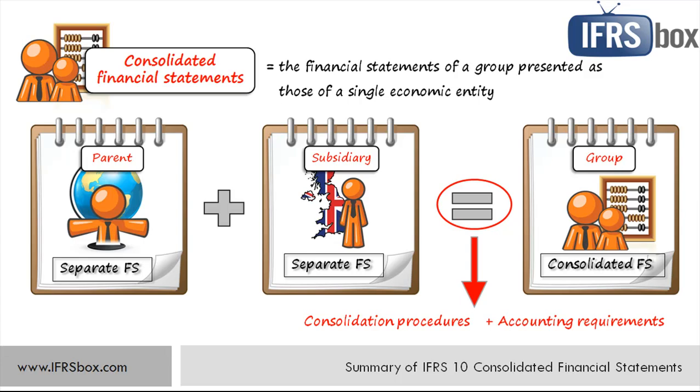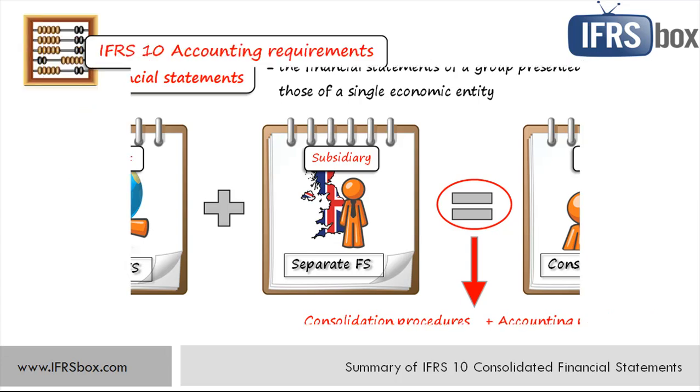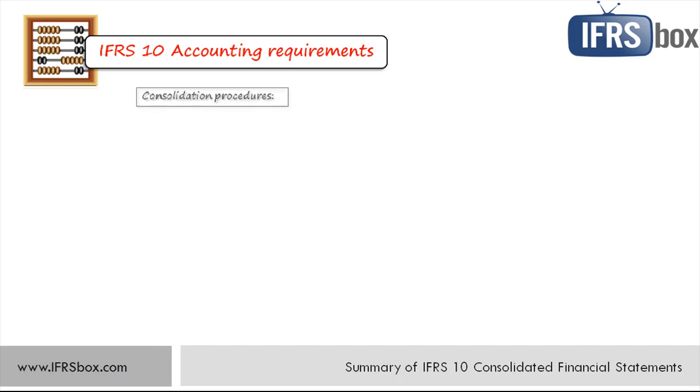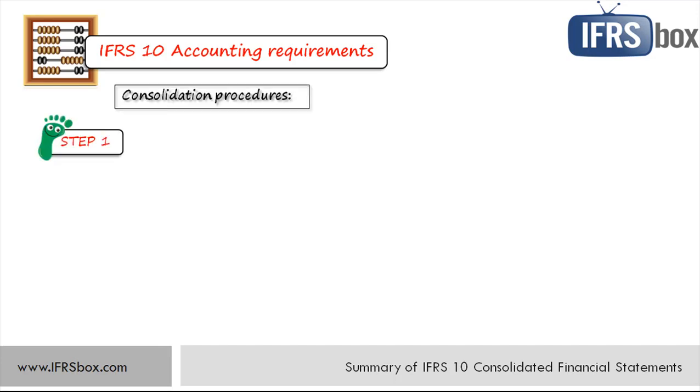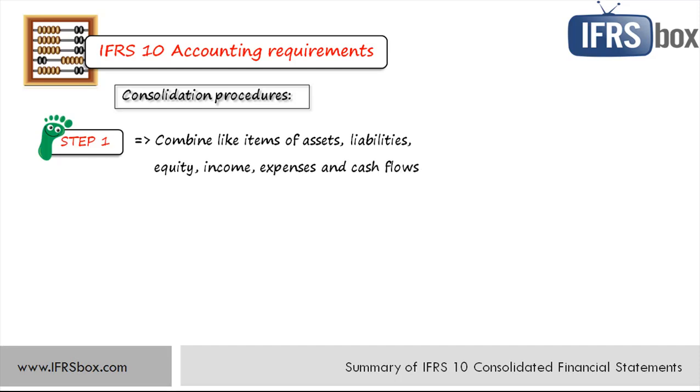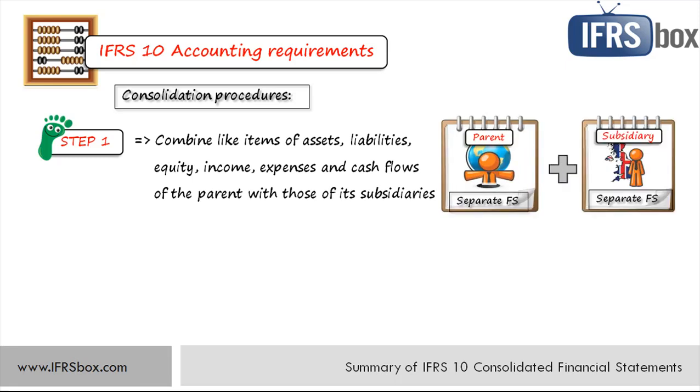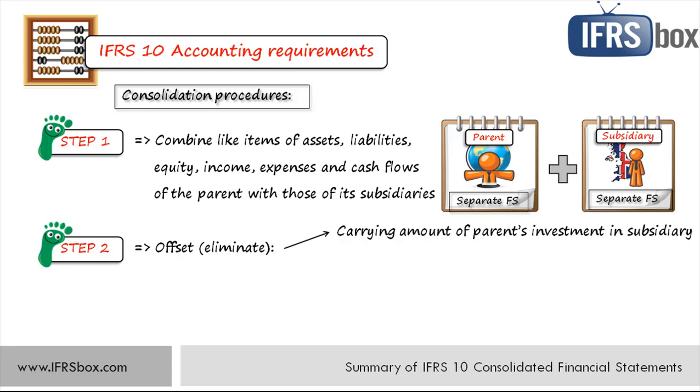Let me briefly describe the consolidation procedures required by IFRS 10. Step number 1, combine like items of assets, liabilities, equity, income, expenses, and cash flows of the parent with those of its subsidiaries. Combine means simply add up. Step number 2, we need to offset or eliminate carrying amount of parent's investment in subsidiary with parent's portion of equity of each subsidiary.